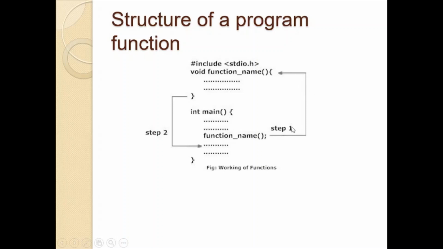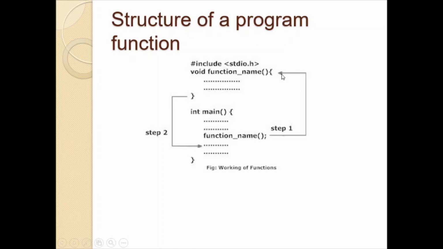Here in step 1, you can see whenever the control encounters a function name, it is going to transfer the control to that particular function. Here the implementation of the function is written, meaning the functionality of the function, which we are calling here. So the control is going to execute this function now.